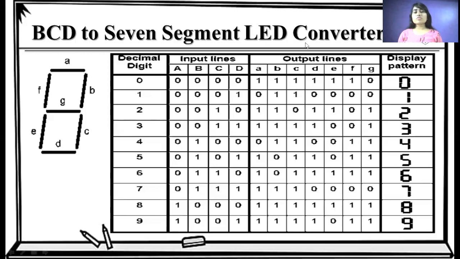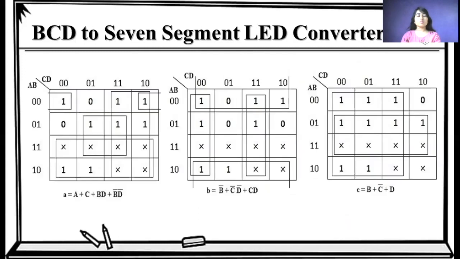Now we have to calculate the output equation for these output lines, or for these LEDs. We can calculate these output equations using K-map. Here we have a K-map for A, for B, for C. For A, we have the equation A plus C plus BD plus B'D'.